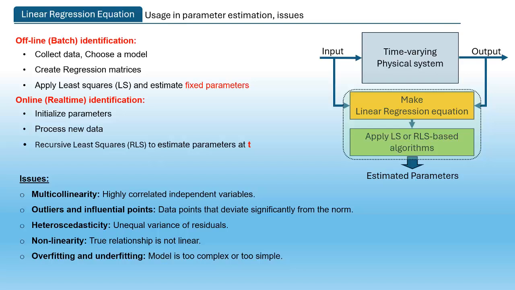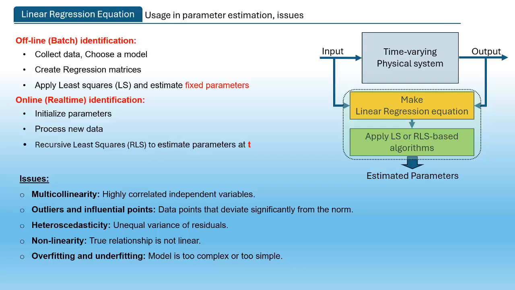Heteroscedasticity violates one of the assumptions of linear regression and can lead to biased and inefficient estimates. One more issue might be nonlinearity. If the true relationship between the variables is not linear, a linear regression model will not accurately capture the underlying pattern, leading to biased predictions.